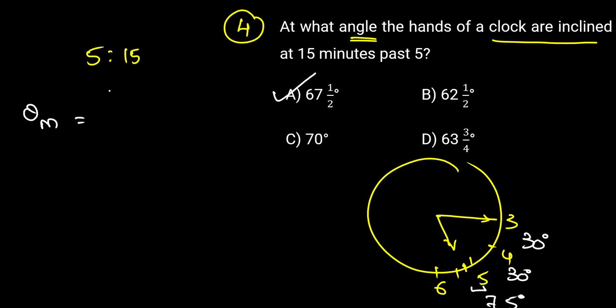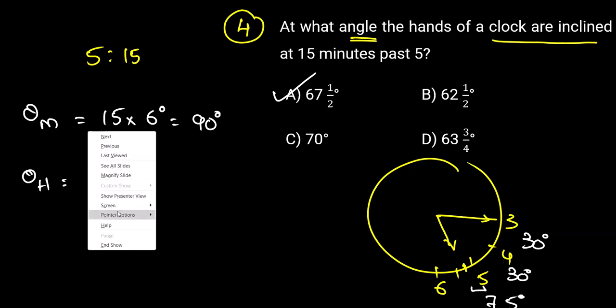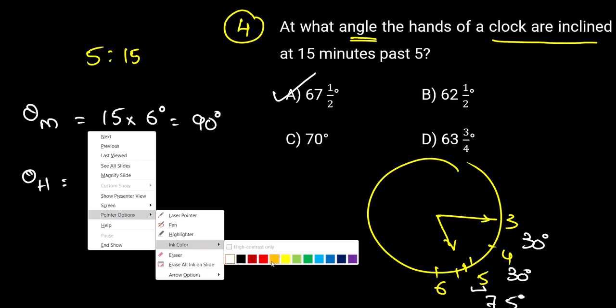Then the minute hand. How many minutes? 15 minutes. Each minute is 6 degrees. Hour hand: what parameters are required for the hour hand? Hours and minutes.